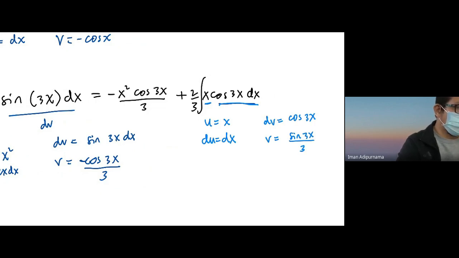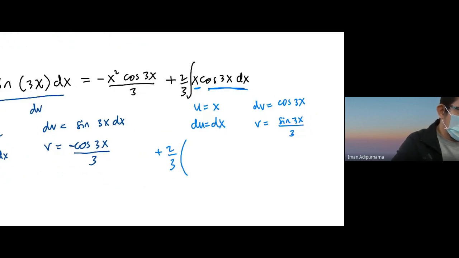Now this will be plus 2 over 3, uv is x sine 3x over 3 minus the integral of v du, sine 3x over 3 dx.